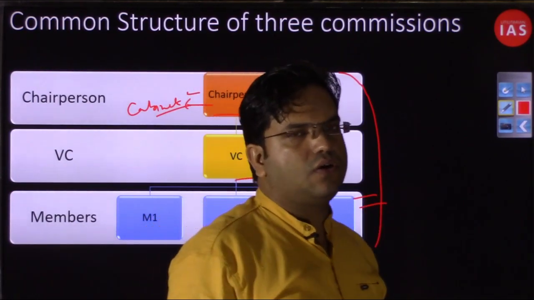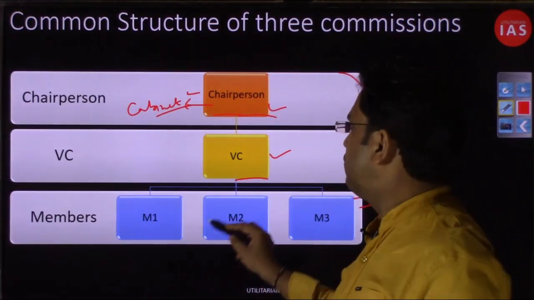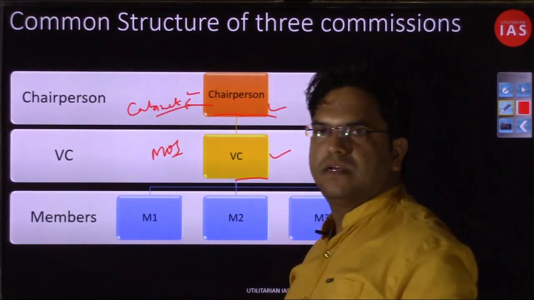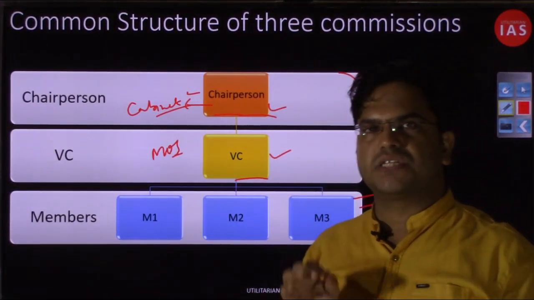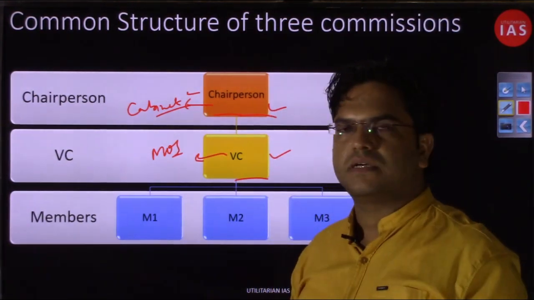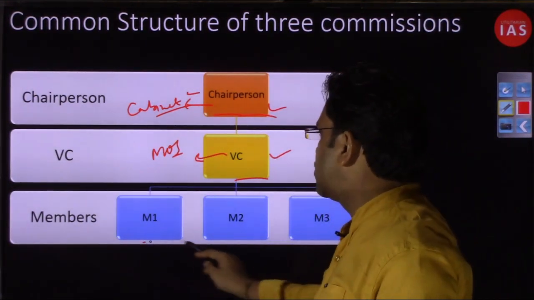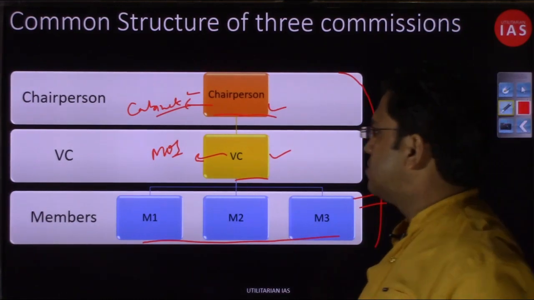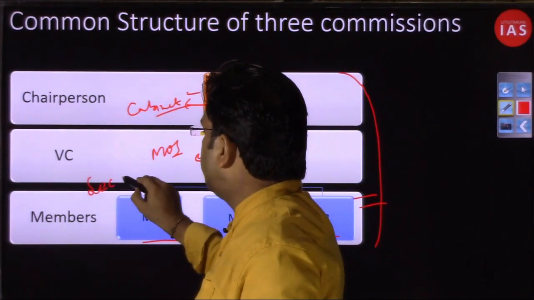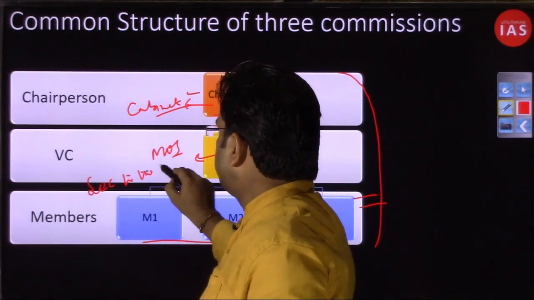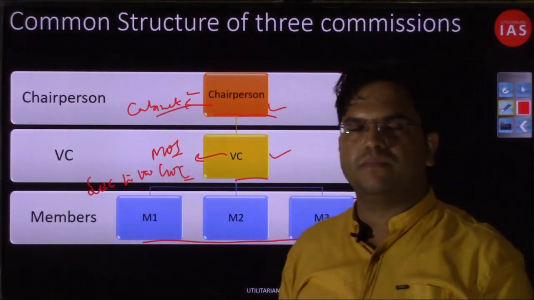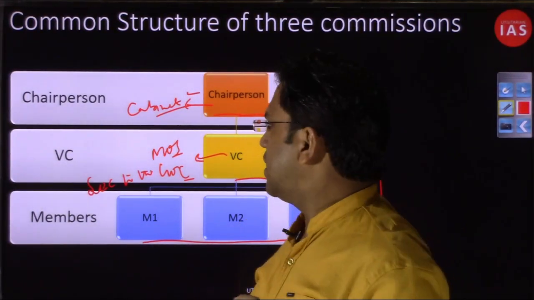The position of the vice chairperson is equivalent to the Minister of State, right? Whatever perks the Minister of State enjoys, the same perks will be extended to the vice chairperson as well. As far as the 3 members are concerned, they will enjoy the status of Secretary to the Government of India. So this was about the status of the chairperson, vice chairperson, and 3 members.